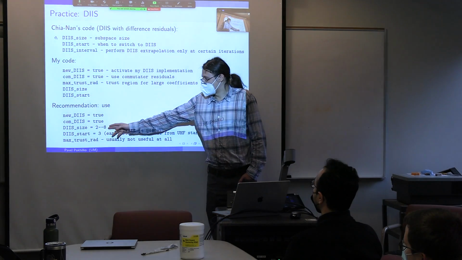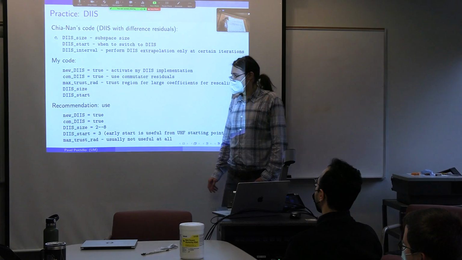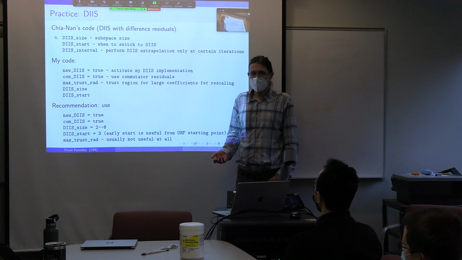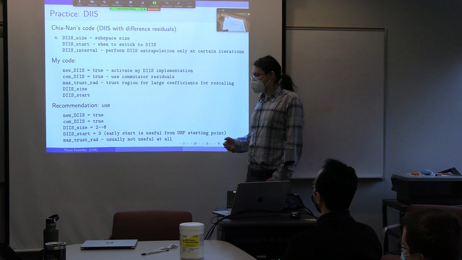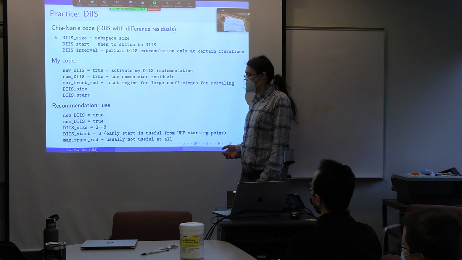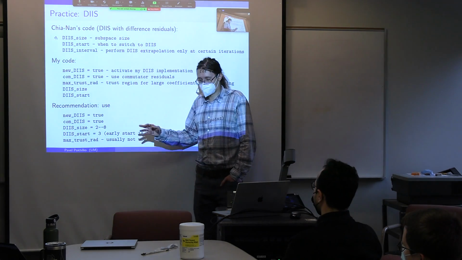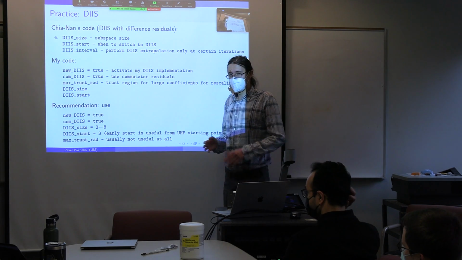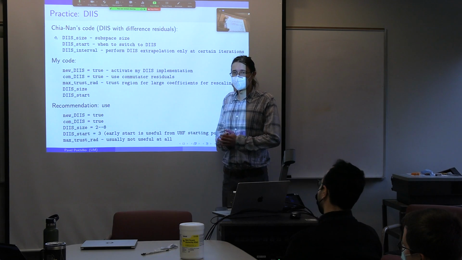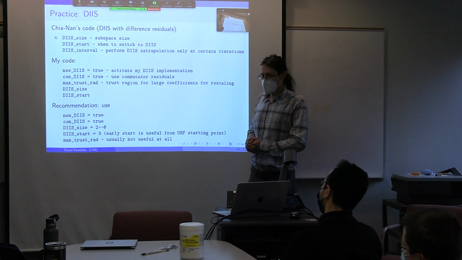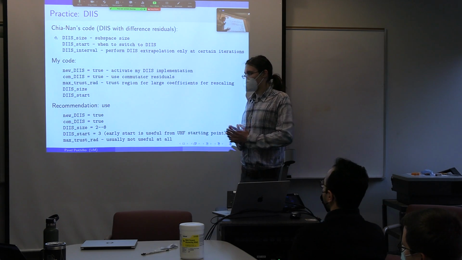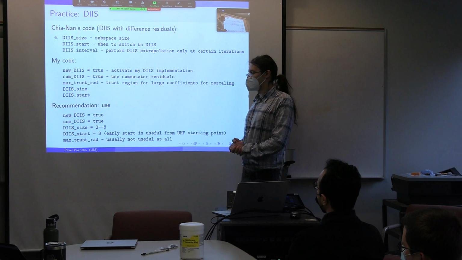And here are the recommended settings. I don't recommend going to a very big DIIS size. Usually, if you have a weakly correlated system, a small subspace size works very well, something like 3 to 4 vectors. If you go to very big subspace sizes, it can slow down a little bit, because it will damp too much.